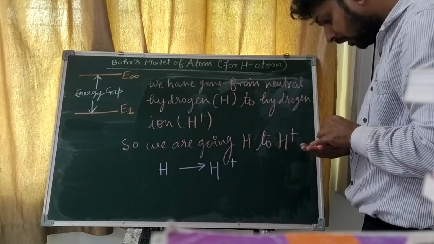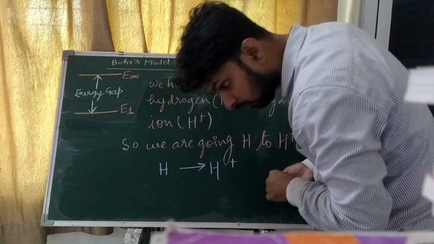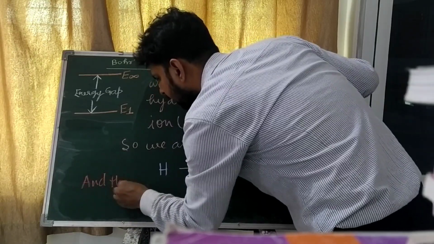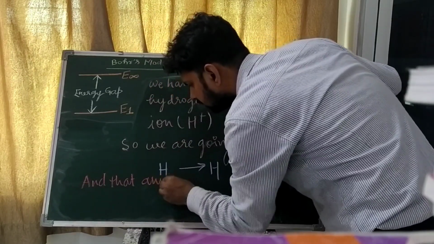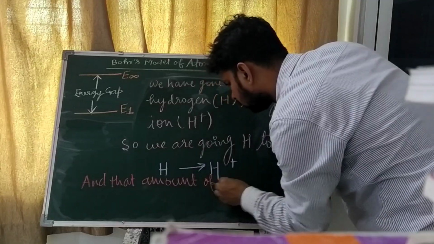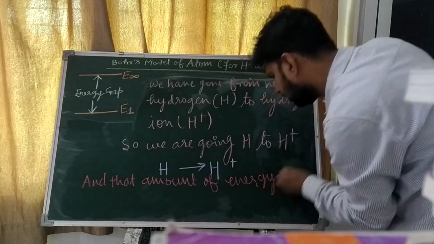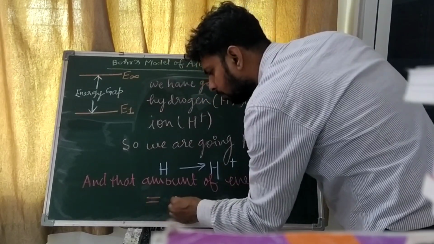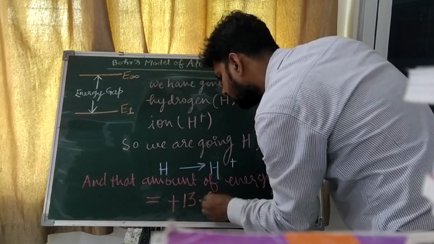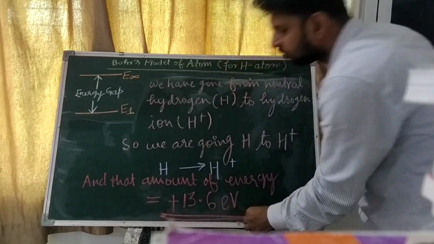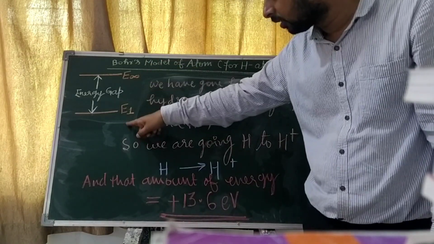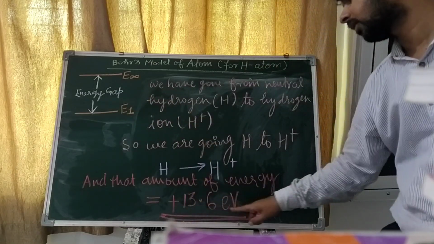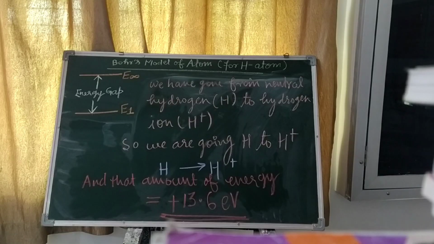H to H plus, and if you carefully notice, that amount of energy will be nothing but the positive 13.6 electron volt. E infinity minus E1 is positive 13.6 electron volt.